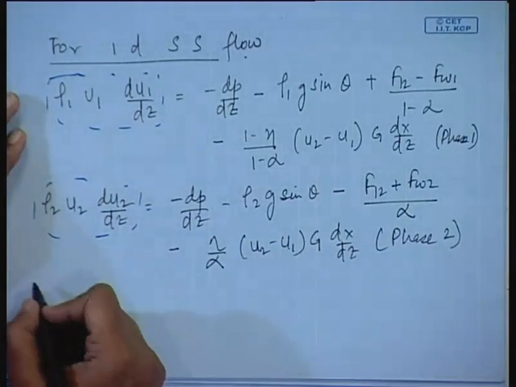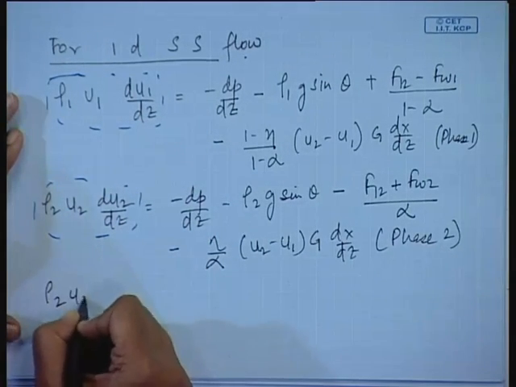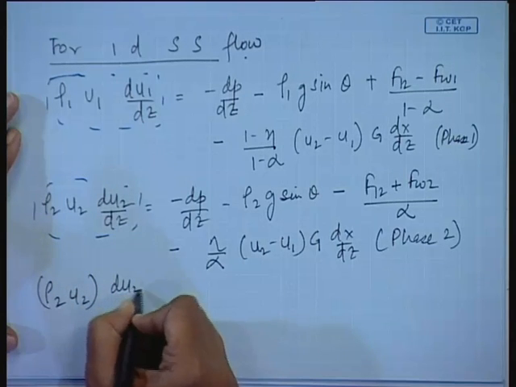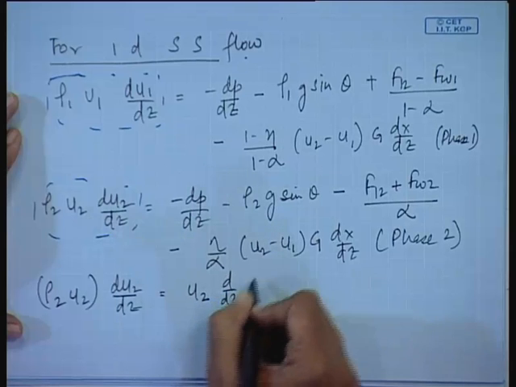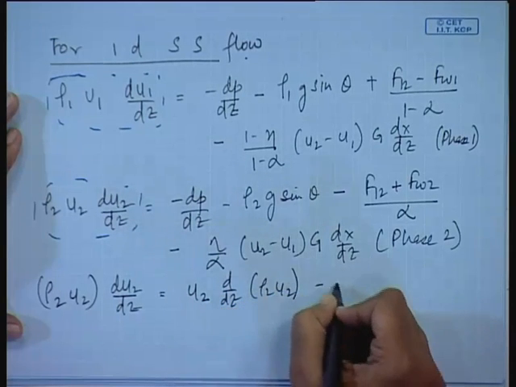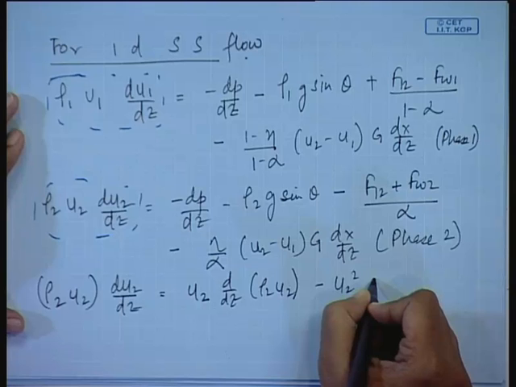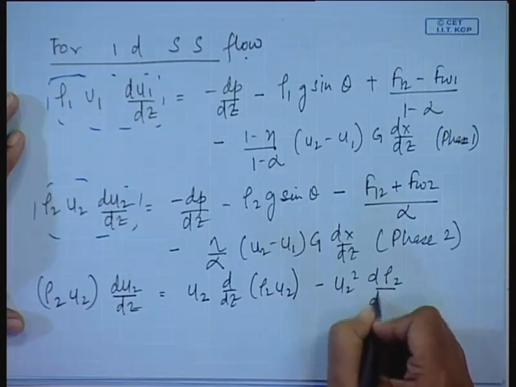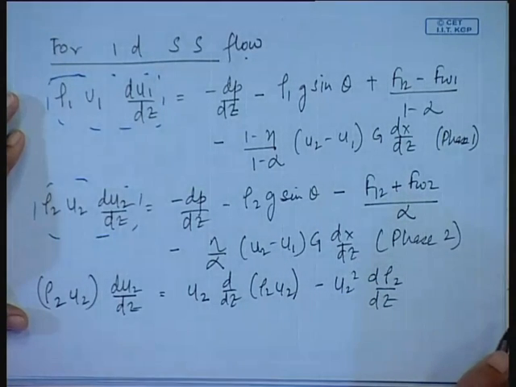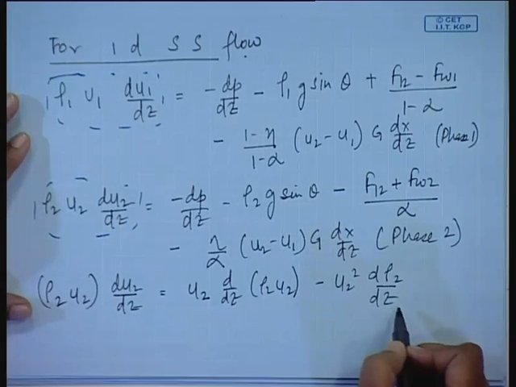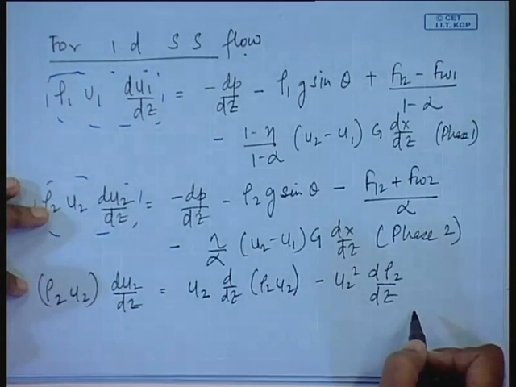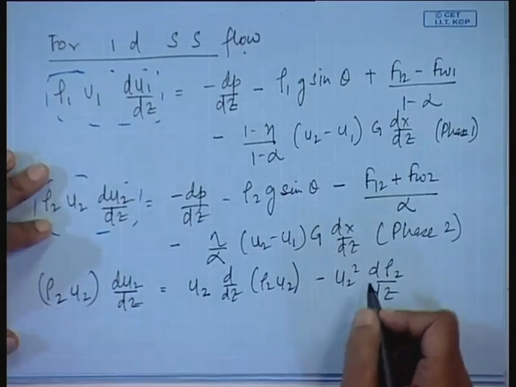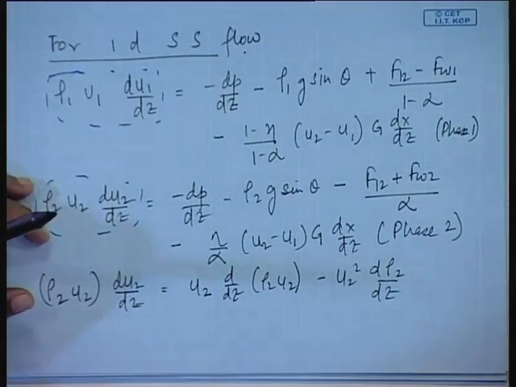Now, we can write it down as, just see what I am doing, rho 2 u2 du2 dz. Can this be written as u2 d dz of rho 2 u2 minus u2 square d rho 2 dz? Why I am writing that you will understand shortly. This d rho 2 dz can again be substituted, etc. So, this we can write the rho 2 u2 du2 dz in this particular form, yes or no? Well, now what is this d rho 2 dz?